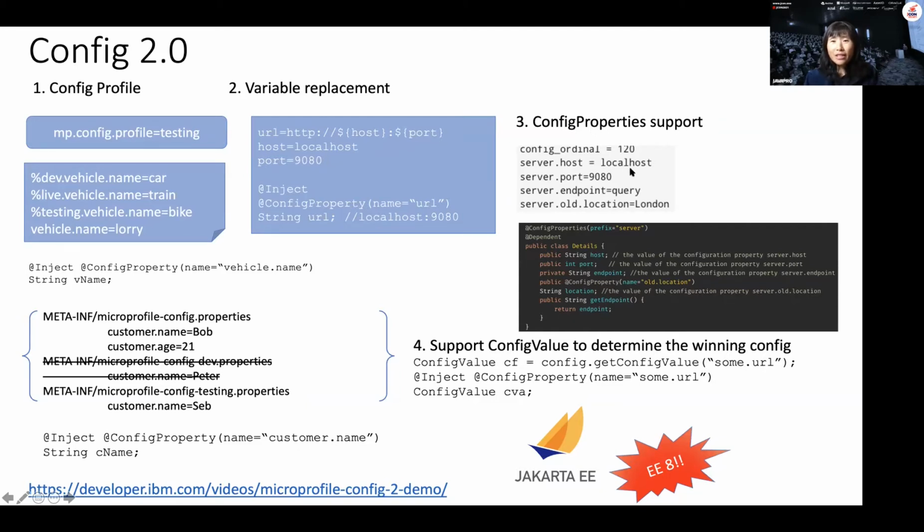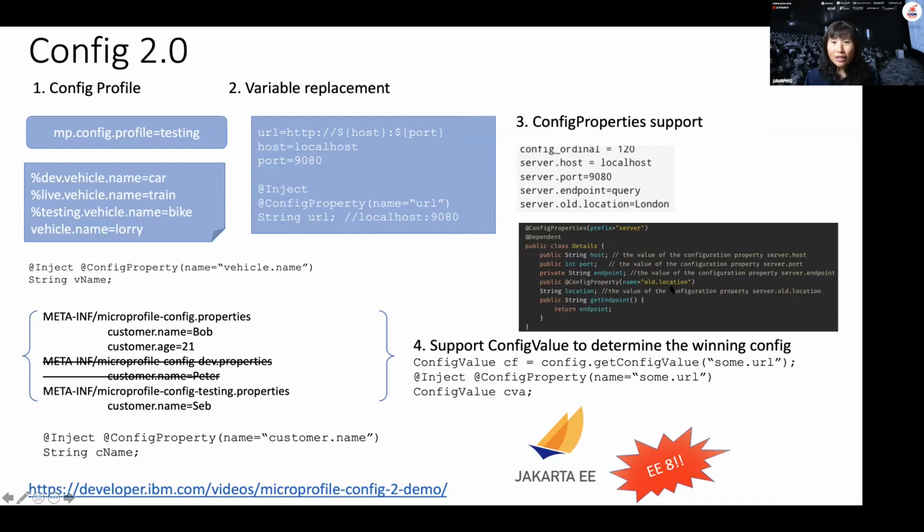The other thing is the config properties support. This is a specified way to aggregate related config properties into one object, into a type. So here you say all prefixed with server, describing the server, and then you can say, okay, this is server details. You say the prefix is server, and then server.host. This will get exactly server.host, server.port, server.endpoint.